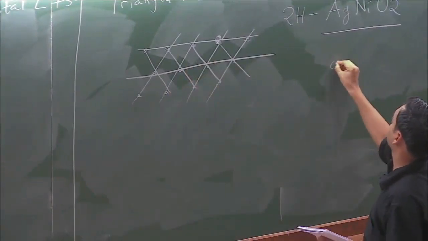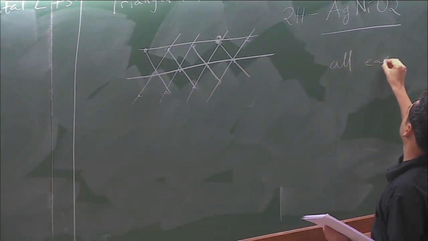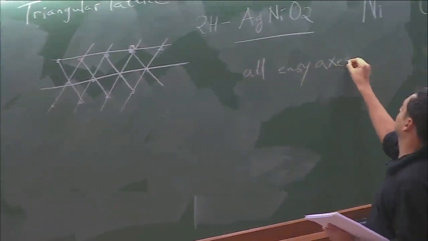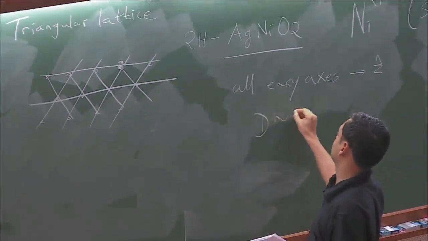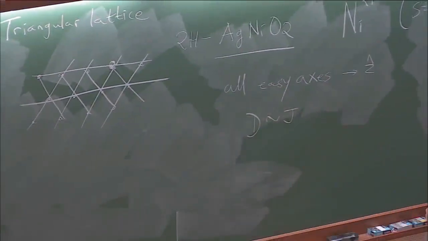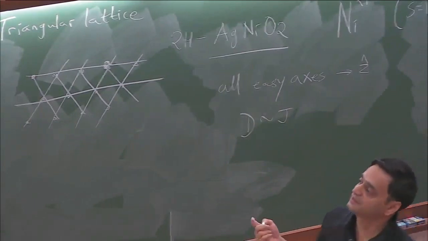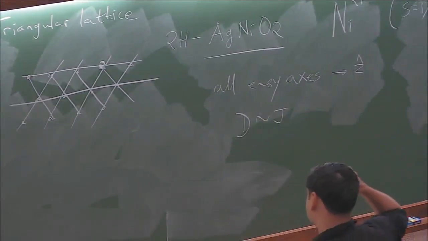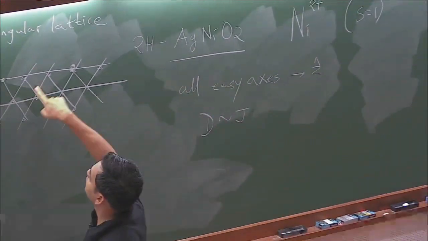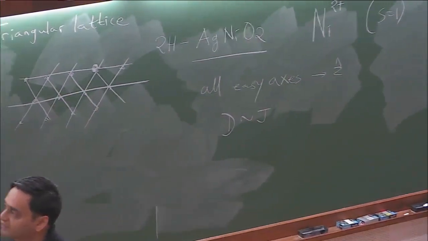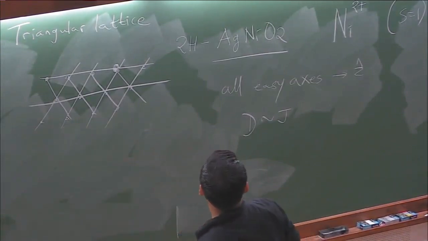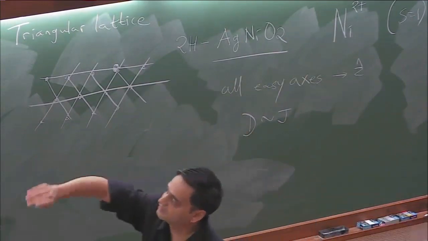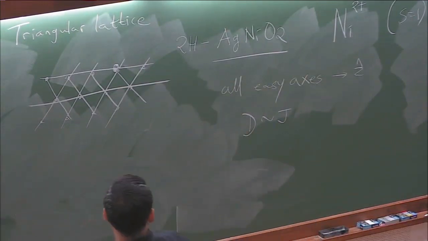So all Ni, all easy axes. And D is comparable to J. And so you might want to start by thinking about it in the Ising limit. There are complications in this material having to do with further neighbor hops that are presumably generated by some higher order processes. So we won't discuss it in detail, but this is just an opportunity to say there are many materials with this kind of structure in the effective Hamiltonian.